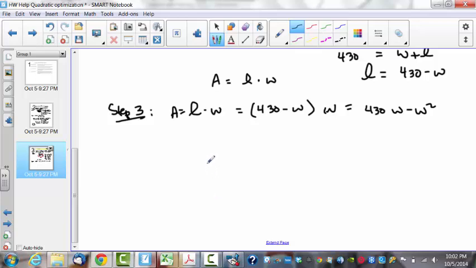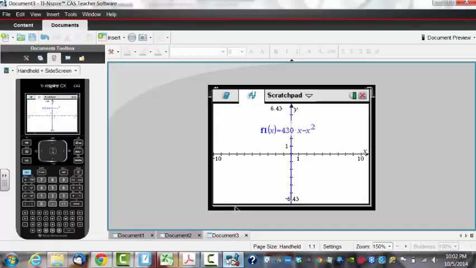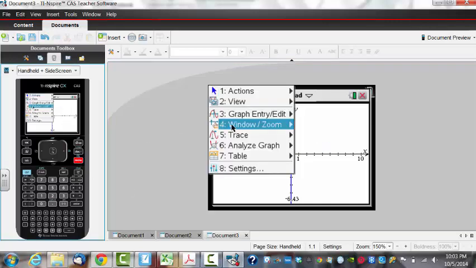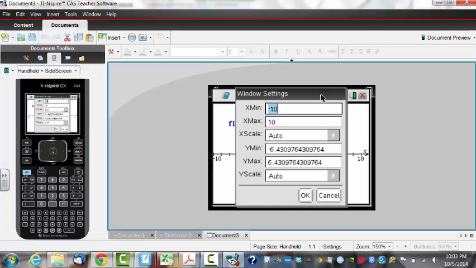Okay, so we can go ahead and simplify our formula to be 430W minus W squared. And if you went to your calculator and graphed it, if you use the standard window, again, it was not very helpful. So hopefully you were able to change the window settings.